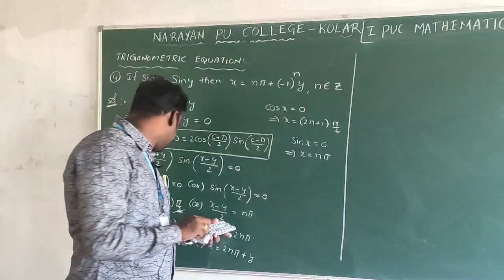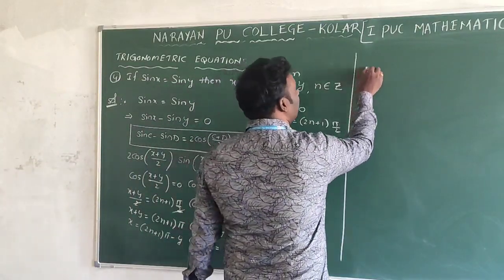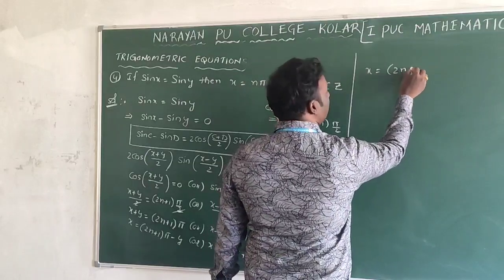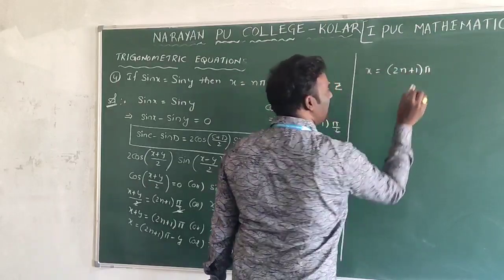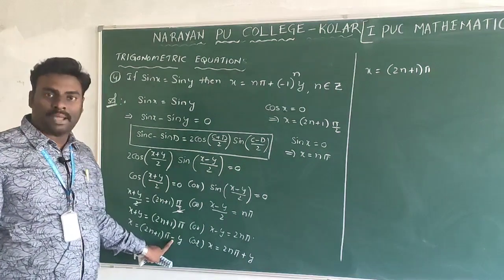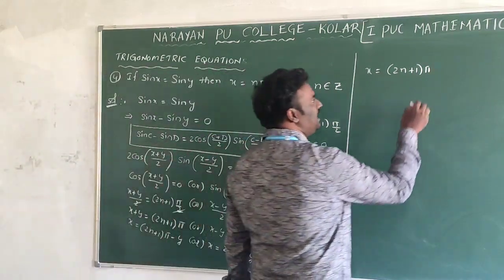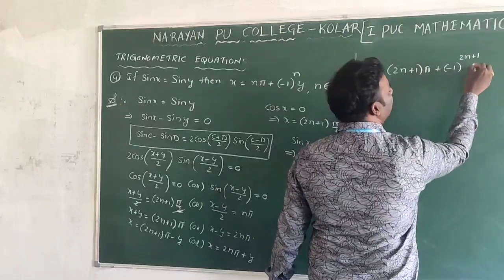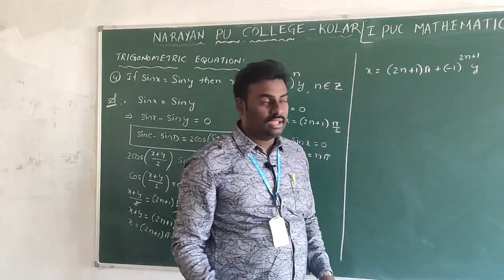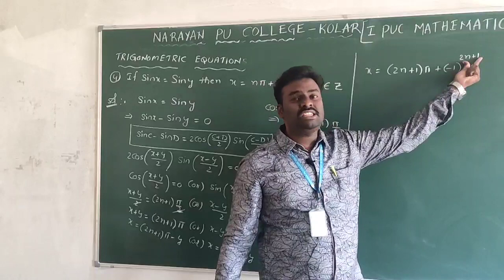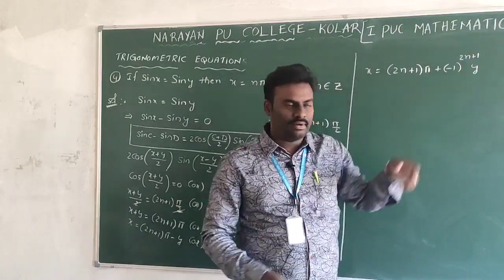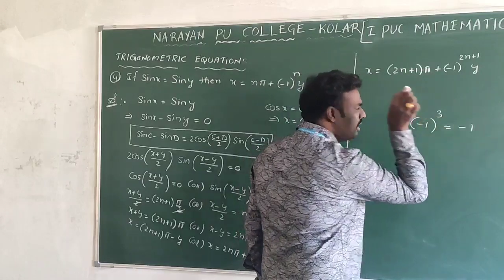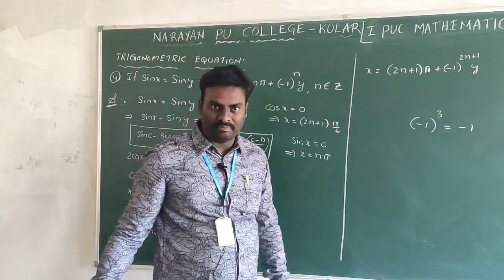That's why it can be written as x is equal to (2n+1)π. Here what is the symbol? Minus. I am writing this minus as (−1) power (2n+1). Why? This 2n plus 1 is an odd number. Minus 1 power odd number will give the answer minus 1.